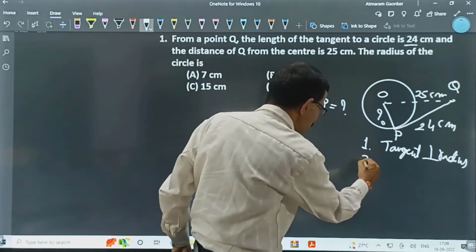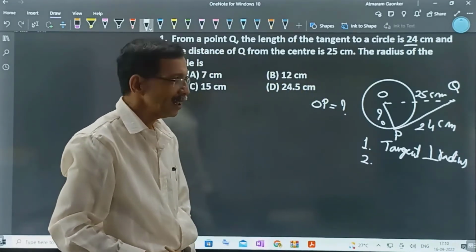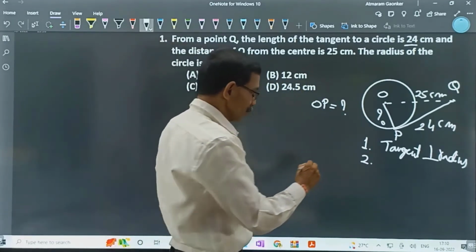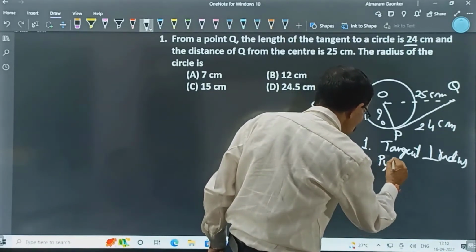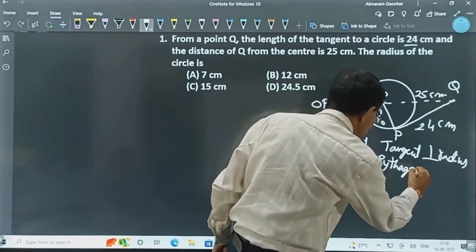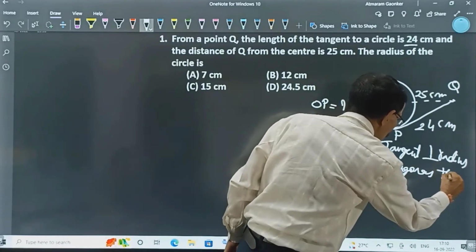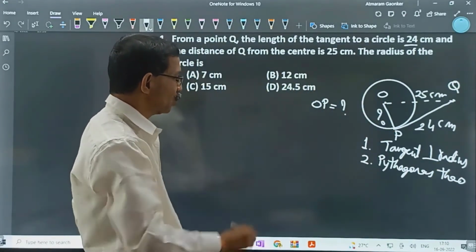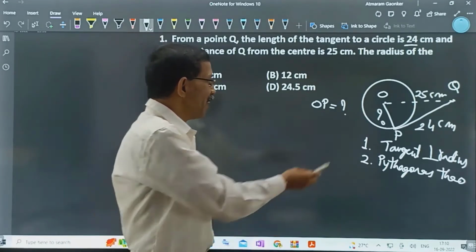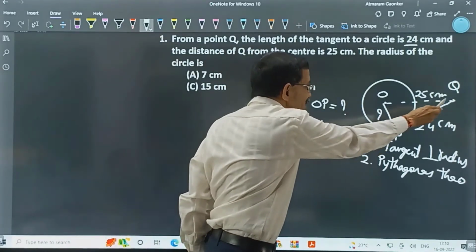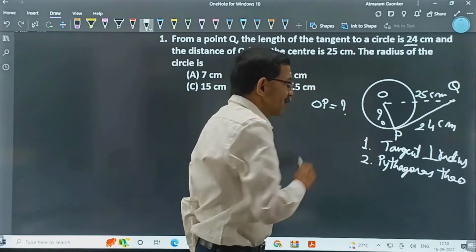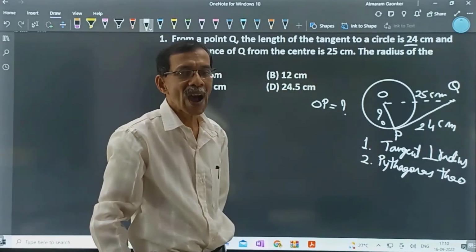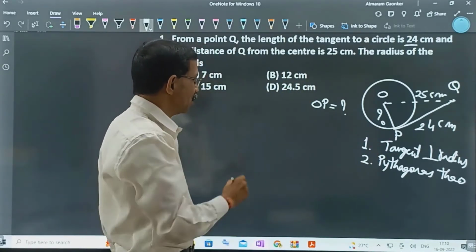The second concept you require here is Pythagoras theorem. I hope all of you know Pythagoras theorem. Let us begin. First is radius here, OP, and tangent here is QP, and these two are perpendicular to each other.